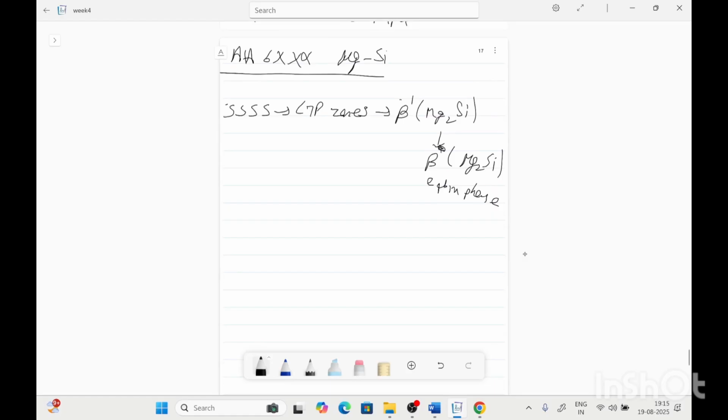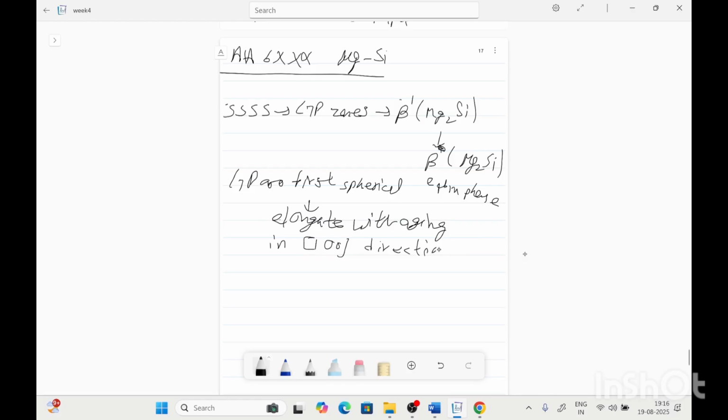In this aluminum magnesium silicon alloy, the GP zones are first spherical in shape. Then they elongate with aging in the 100 direction, and later become needle shaped.